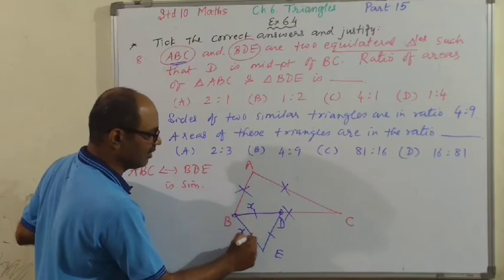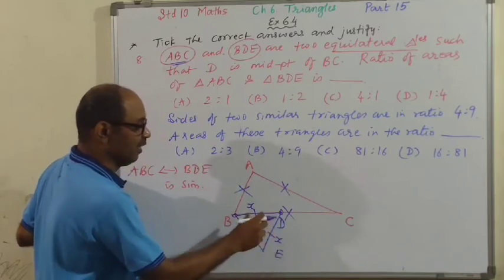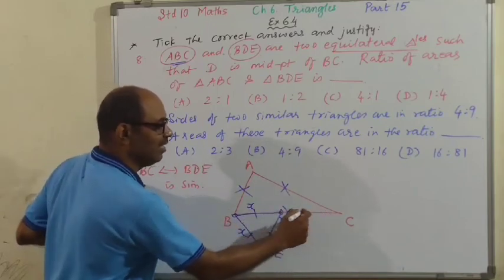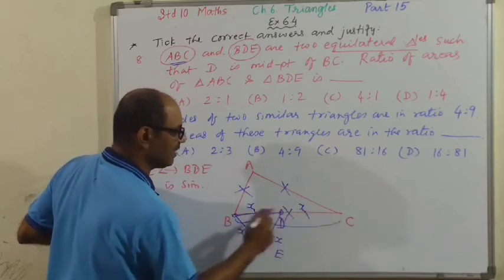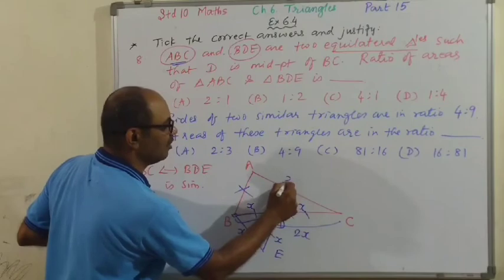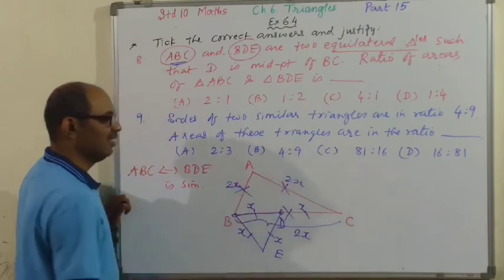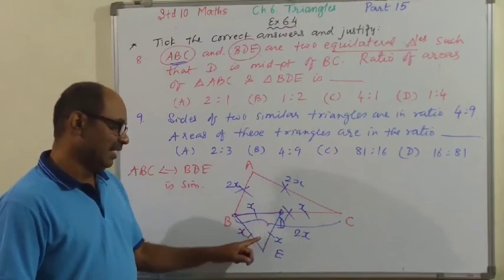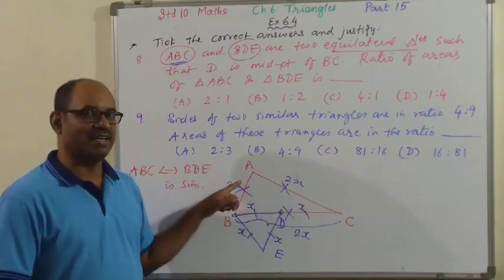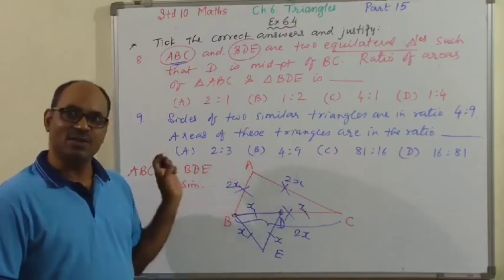Let me call it X. Now D is the midpoint. So BD is equal to DC. So DC also would be X. So how much is BC? X plus X, 2X. So each side is 2X. So the measure of each side of triangle BED is X. And the measure of each side of the red triangle ABC is 2X.